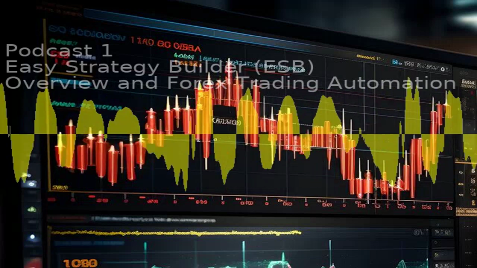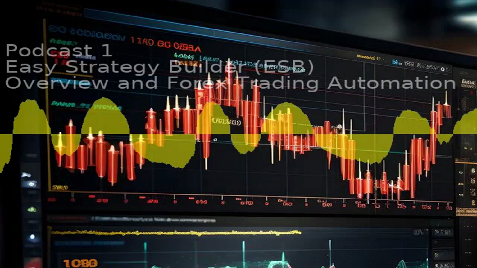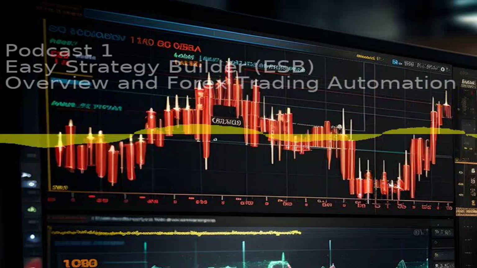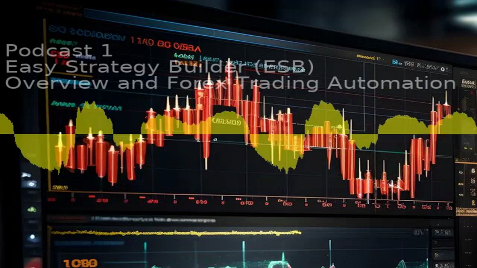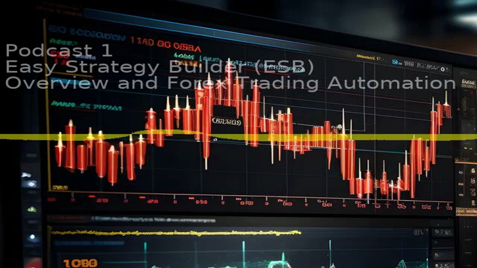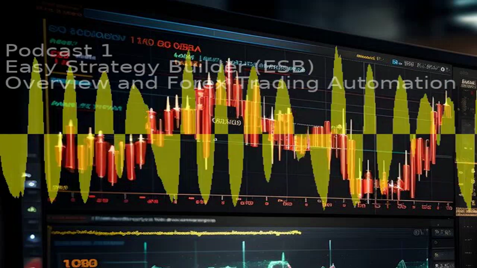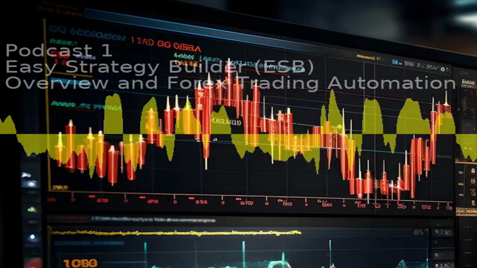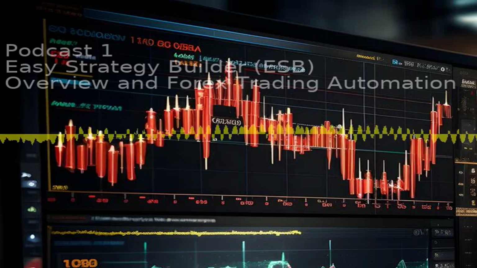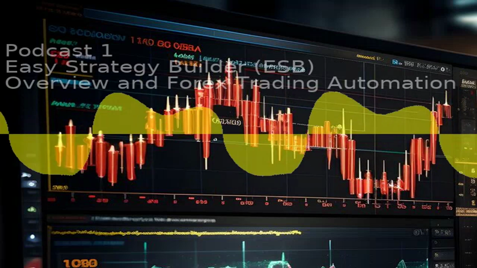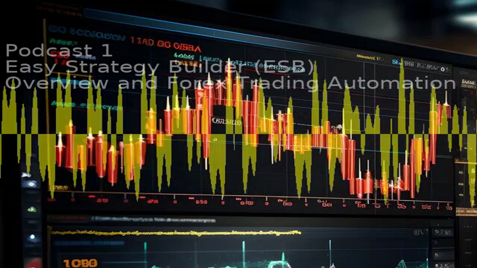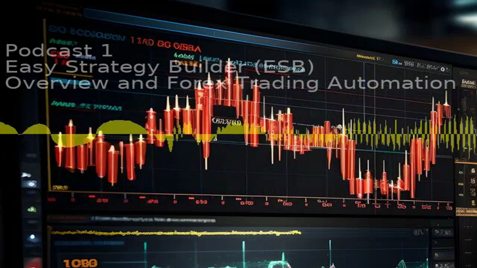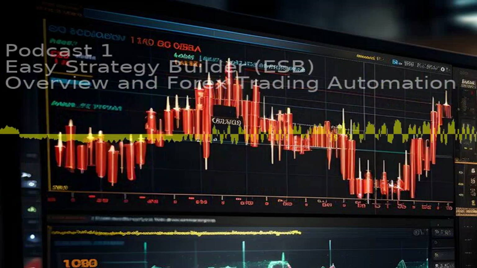Look, tools like ESB have the potential to change the game, democratize trading, make it so anyone can use these sophisticated strategies. I can see that. But, and this is a big but, you can never replace a trader's understanding of the market, how to manage risk, knowing your own goals. So it's not just a matter of plugging in some strategy and then letting the system run on autopilot.